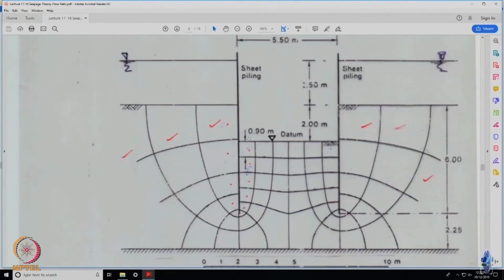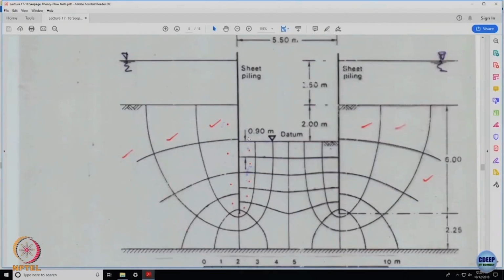So truly speaking, at each of these equipotentials, you know the H value. Is this correct or not? H by 10 multiplied by ND is the value of the head at that point. Now you need not insert a piezometer and all, because the moment you have done the flow net, you know the value of H at every point.